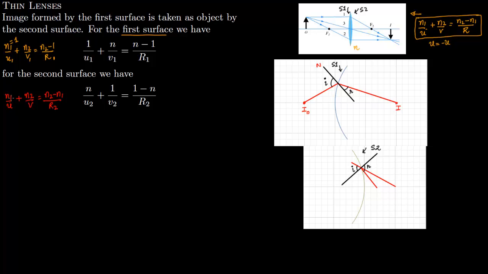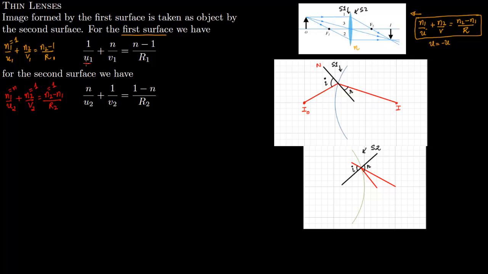Now n1 is n because you're already in the glass, and n2 is air, so we are going from the glass to the air. You get n over u2, where u2 is the position of the object, plus 1 over v2, where v2 is where the image will come, equal to n2 minus n1 over r2. Again n2 is 1 in this case.